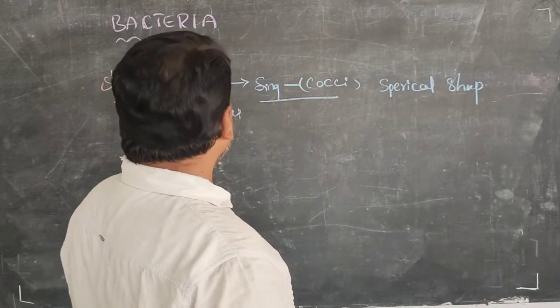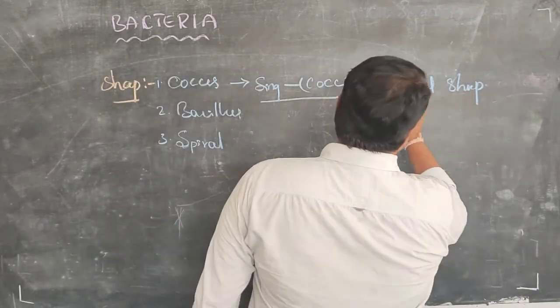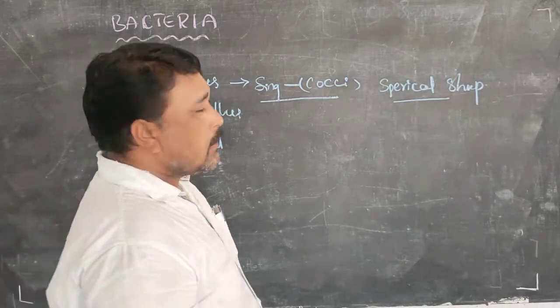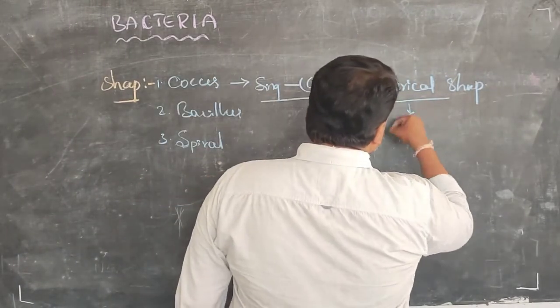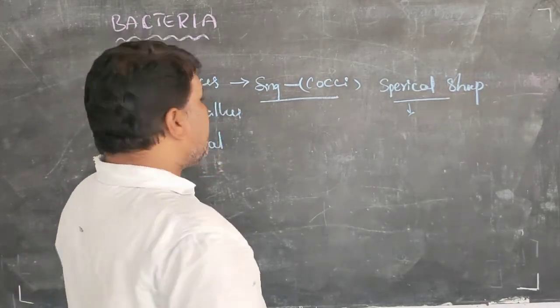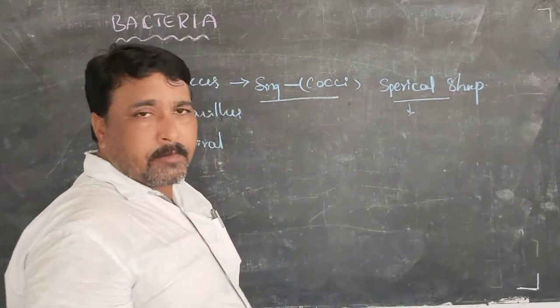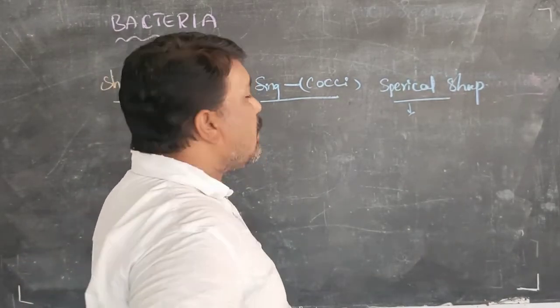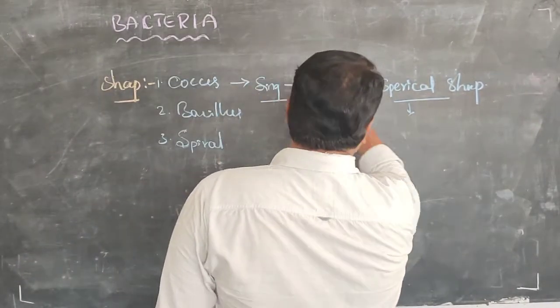Based on arrangement, the coccus are of 5 types.